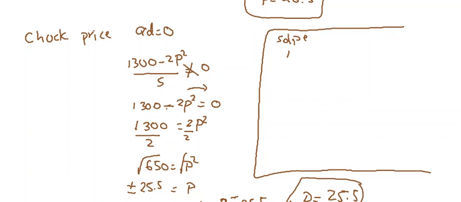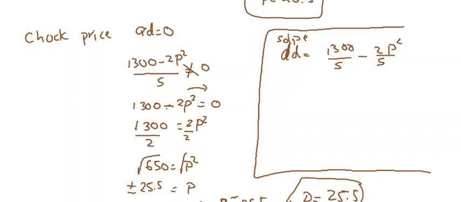So I will write QD is equal to 1300 over 5 minus 2p squared over 5.